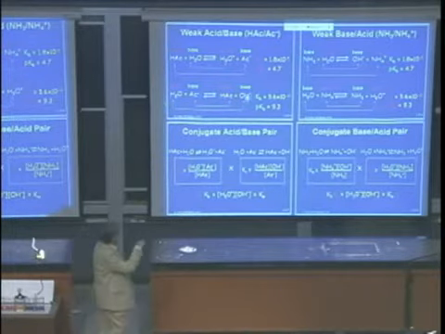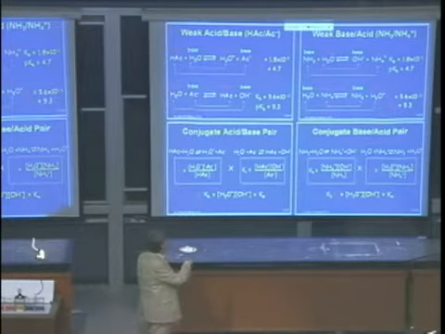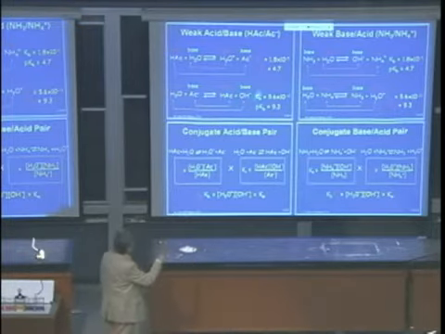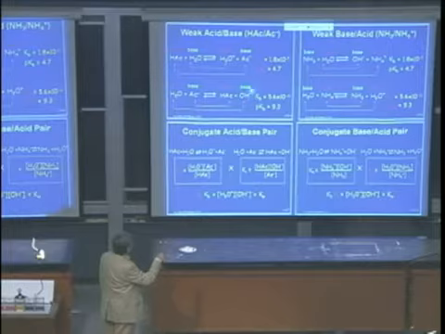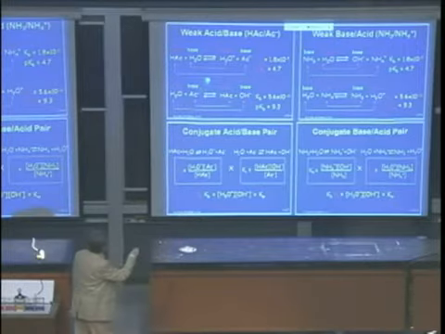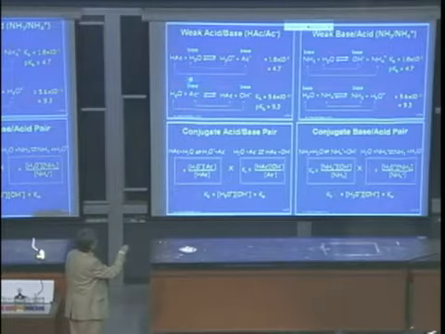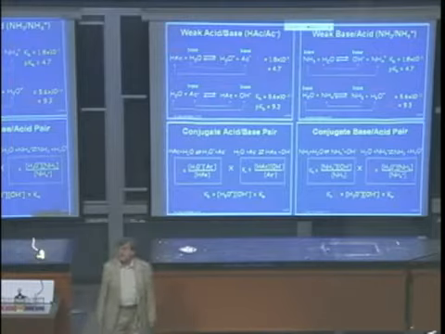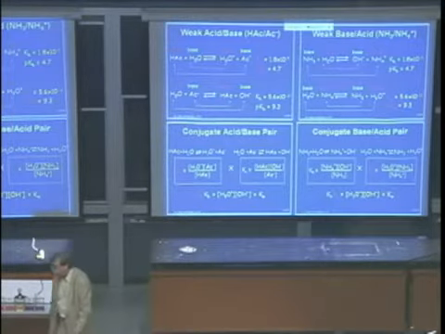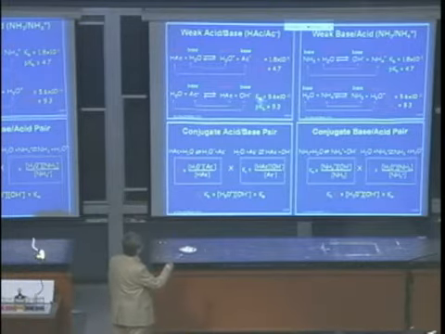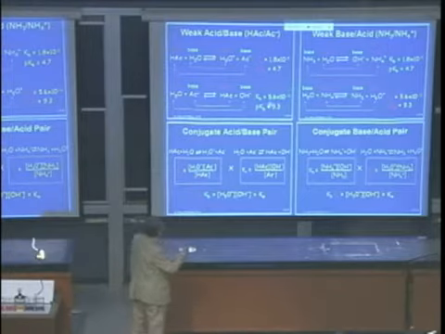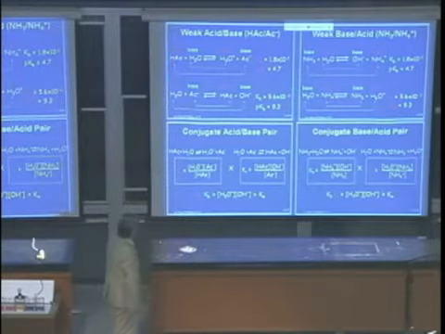And for this we can now formulate a base constant, because this is a base here, and so that's the concentration of this times the concentration of this divided by the concentration of the free acetate ion. And this is 5.6 times 10 to minus 10. So it's a lousy base, okay? But it is a base. And with this you can calculate a pKb. You take the logarithm of this here, multiply it with minus 1, so you get a pKb of 9.3.